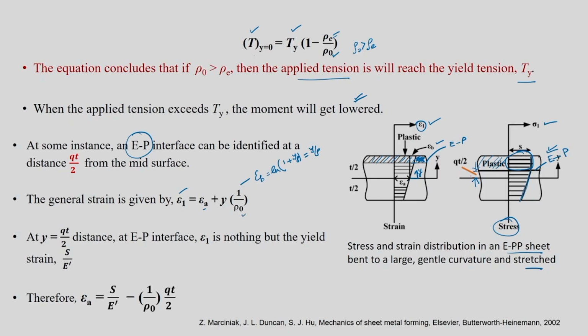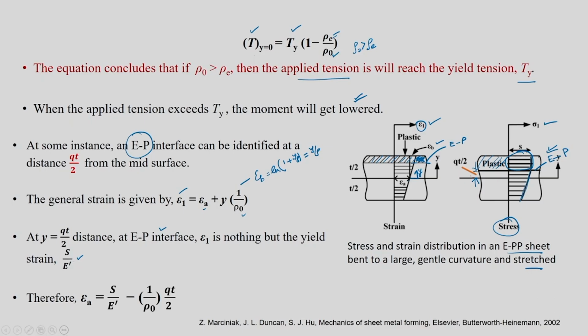So, now what I am going to do is, at y equal to qt by 2 distance, that means at the EP interface, epsilon 1 is nothing but the yield strain S by E dash. Beyond this interface I am going to have plastic deformation, which means at this interface epsilon 1 is nothing but my yield strain S by E dash. Okay, basically S is equal to E dash into epsilon 1. So, my yield strain is nothing but S by E dash.